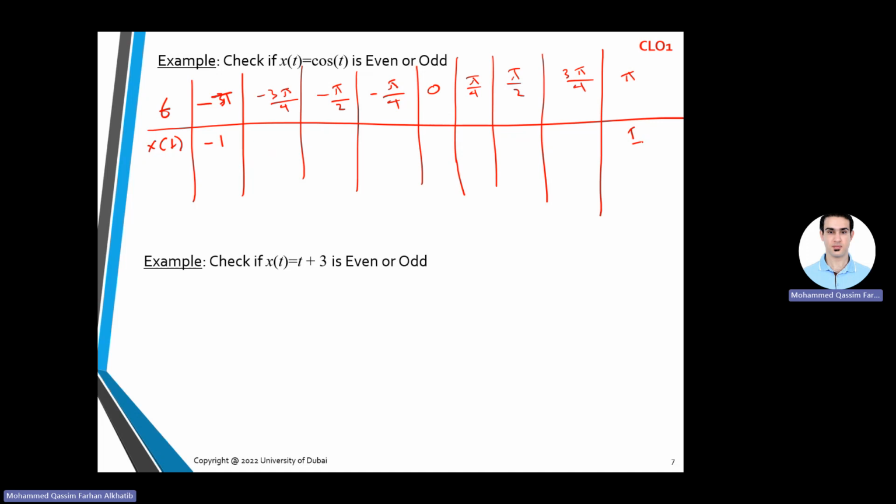Cosine of pi, I know it's 1. Cosine of 0, that is 1. Cosine of pi over 4, 0.707. Pi over 2, that's 0. 3 pi over 4, negative 0.707. You can confirm the values later.